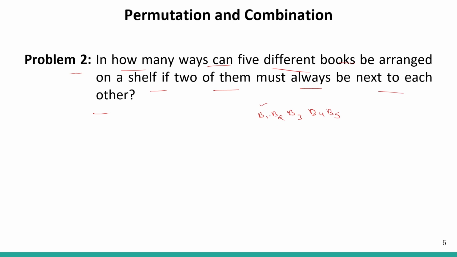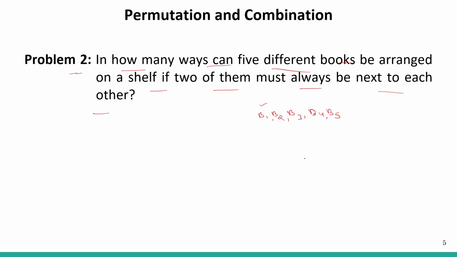We want to arrange them on a shelf so that 2 of them are always next to each other. Let's assume those two are B3 and B4.